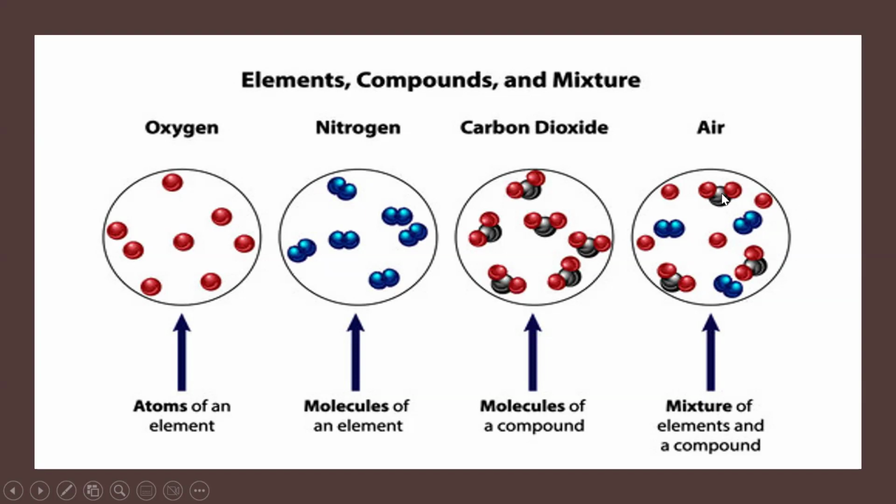And here it is a mixture because we have oxygen, carbon, and nitrogen, and there is no fixed ratio. Here one carbon and two oxygen, one carbon and two oxygen, again one carbon and two oxygen. But when we take this portion, we have one carbon, two oxygen; when we take this portion, we have two nitrogens. So the constituents and the ratio are not fixed, so it is a mixture.